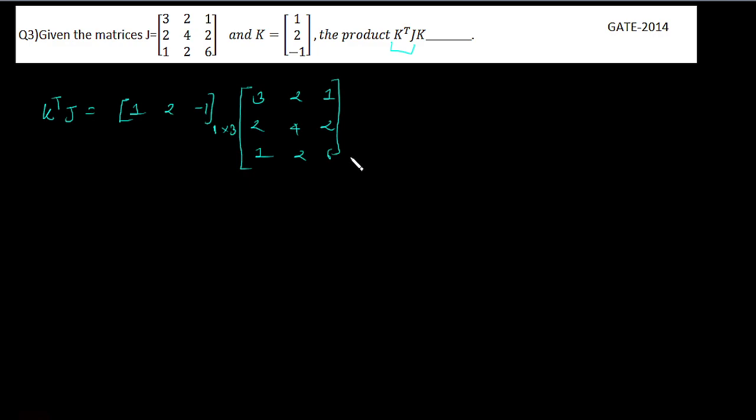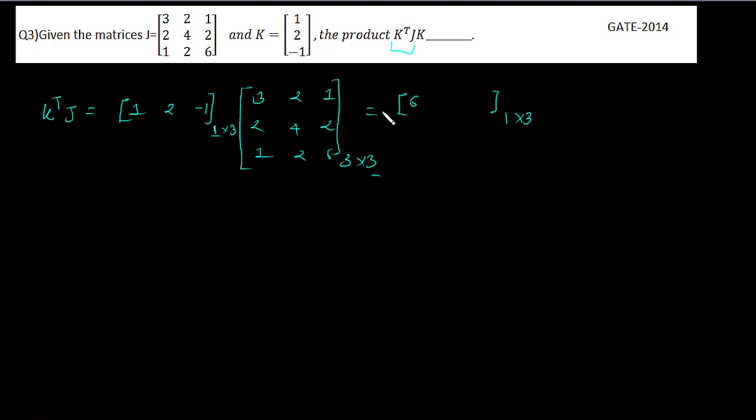So here we have a 3 cross 3 matrix. Now you can see in the output we are getting a 1 cross 3, simply a row matrix. So let's do the multiplication. Here in the first element what we get is simply 3 plus 4 minus 1, which is just 6.